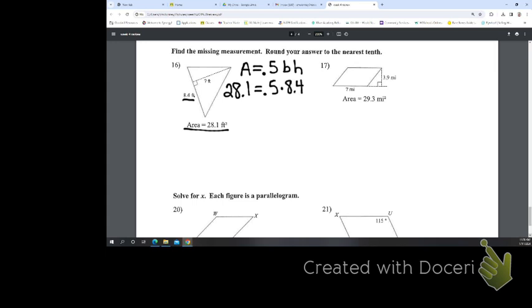And then we don't know height. So we're going to multiply these two together. So 28.1 equals 0.5 times 8.4, 4.2 times the height.